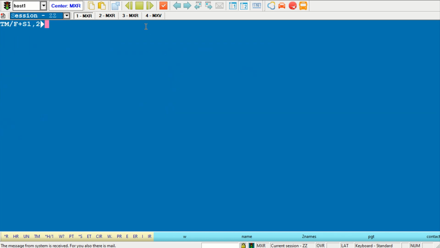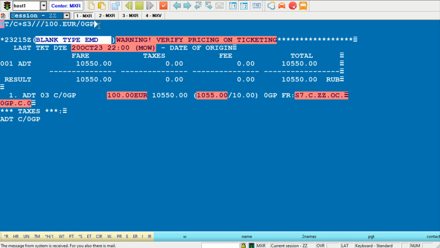Or if you price service with manual pricing via TT entry, it will be the third service. Also, you can add form of payment to this pricing.